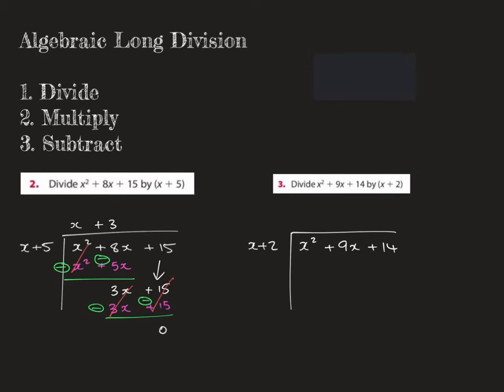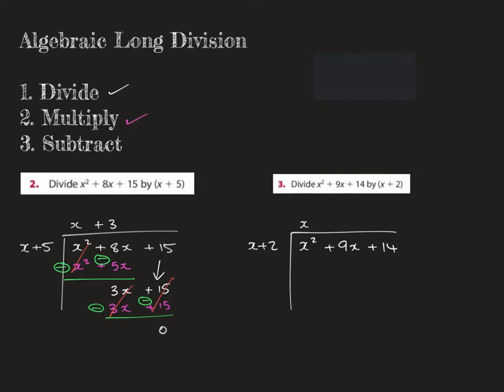Okay, so the very first step is to divide. So we're going to see how many times x divides into x squared, and the answer in this case is going to be x times. The next step is to multiply.